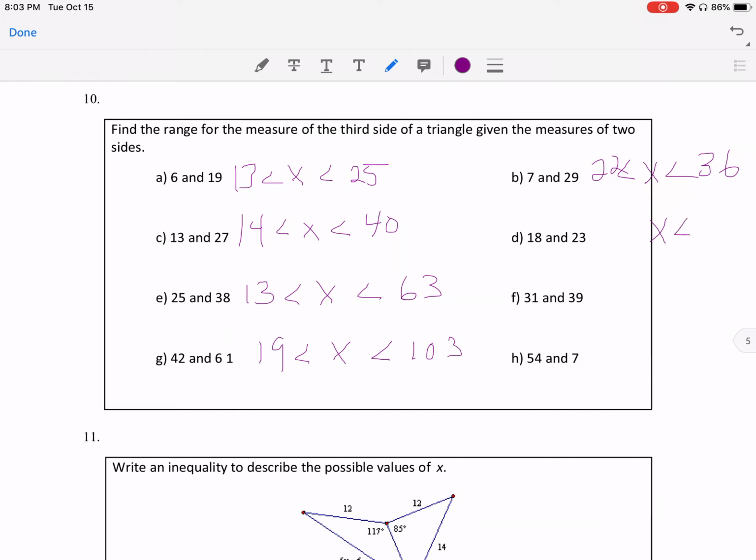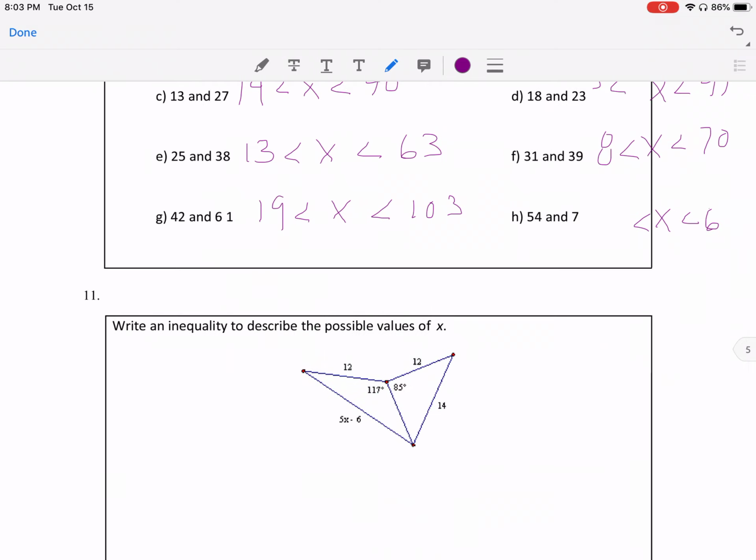This one would have to be less than, what's that, 41 and greater than 5. This one here would have to be less than 70 and greater than 8. And this one right here would be less than 61. Sorry, 61 there, and greater than 54 minus 7, which is, what is that, 47? There we go.